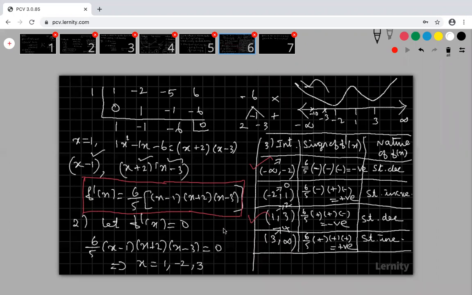So don't bother about that. And if at one point my function is decreasing, it means f dash of x is negative, so in this interval, minus infinity to -2, my f dash of x is negative only. So please substitute at least one point.